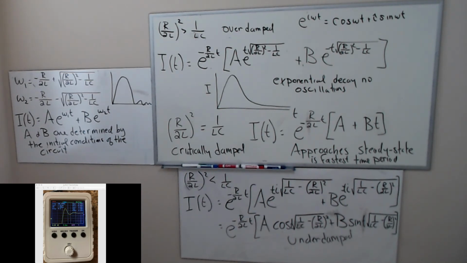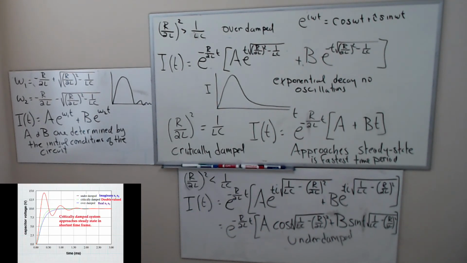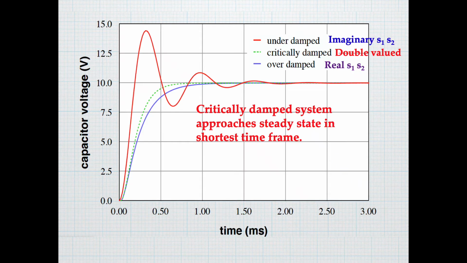So that's what you would observe. If you're solving for capacitor voltage as a function of time, you would get that expression. When you have an underdamped case, then you get oscillations about the maximum voltage of the capacitor, or the power supply voltage.